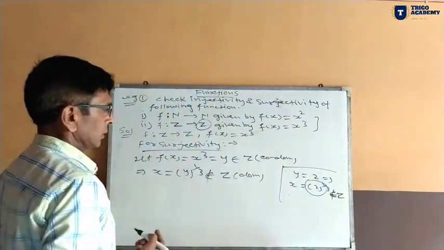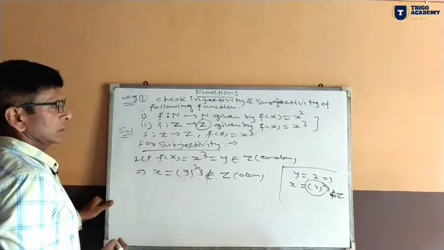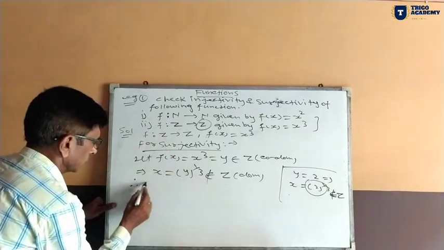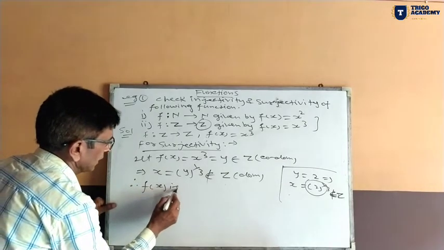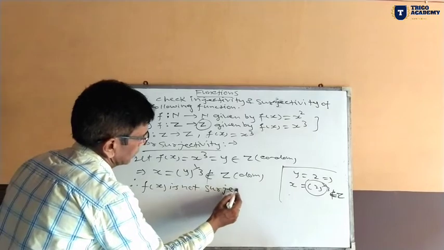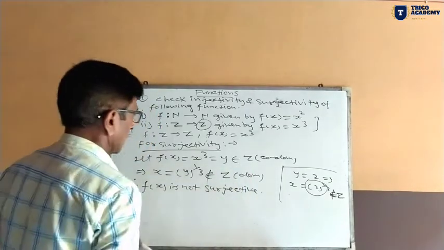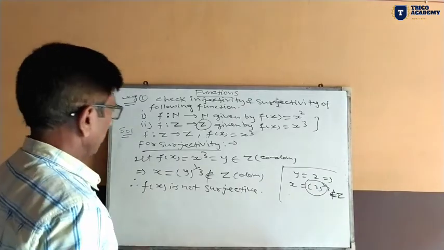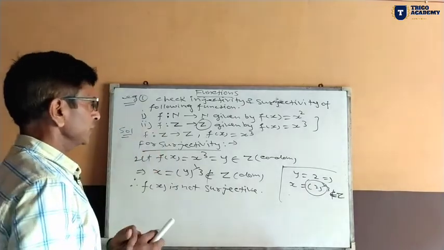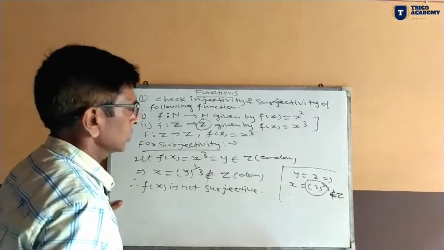Due to this, function f(x) is not surjective, so therefore f(x) is not surjective. Okay, so this way we can say for this function it is an injective function but not a surjective function.